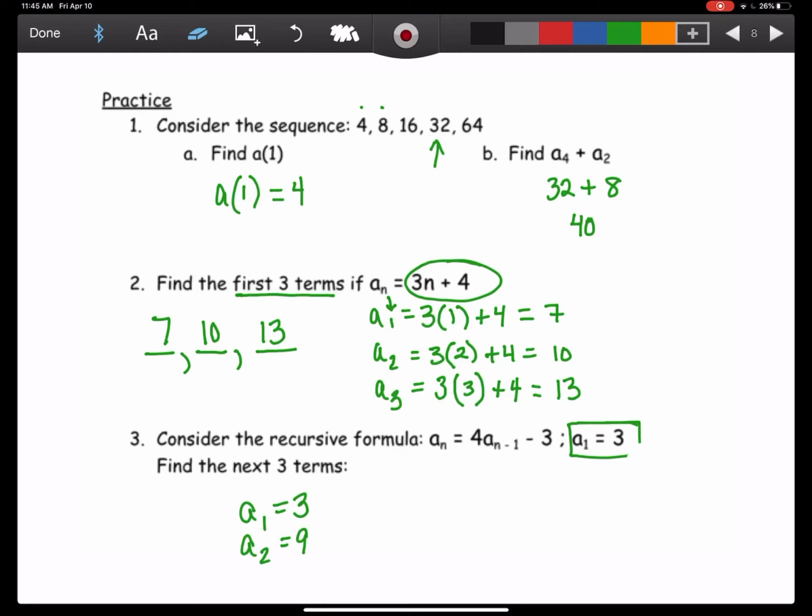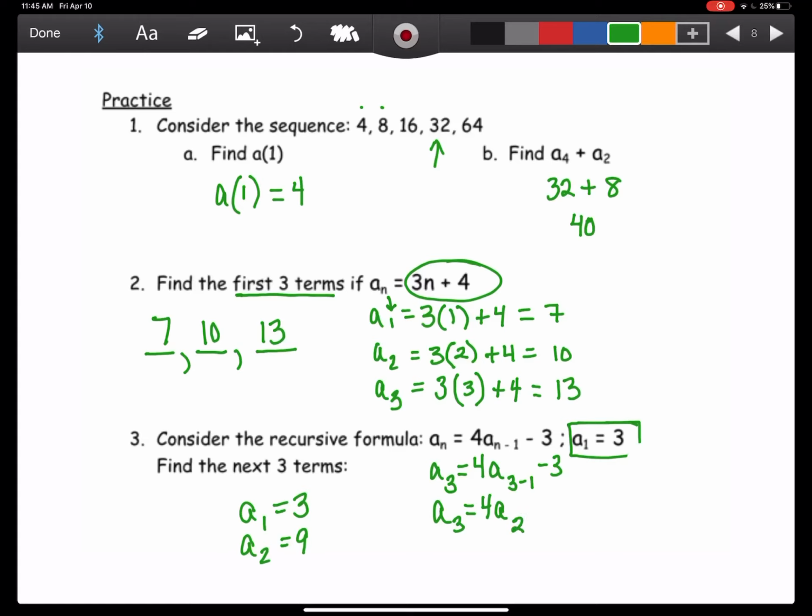All right. A sub 3. A sub 3 is equal to 4 times a sub 3 minus 1 minus 3. Keep working it out. A sub 3 is equal to 4 times a sub 3 minus 1, but what's 3 minus 1?